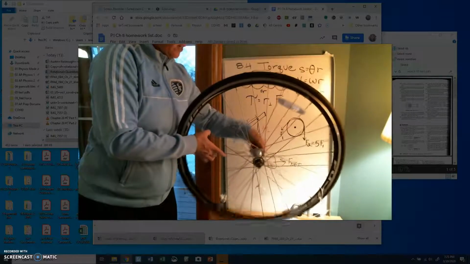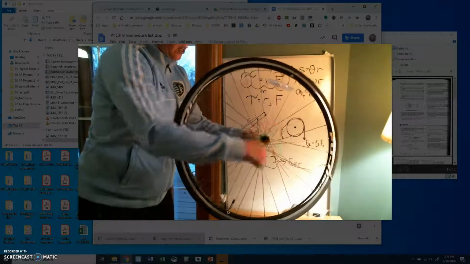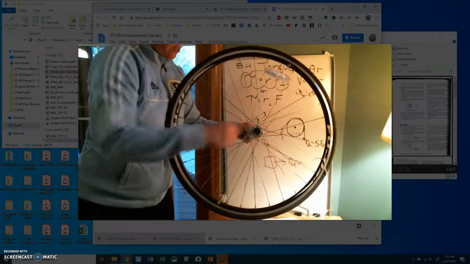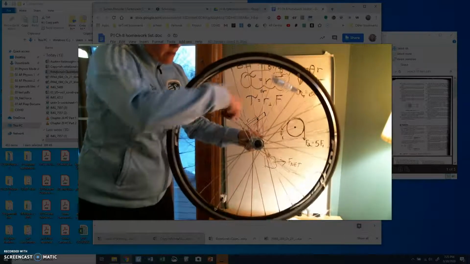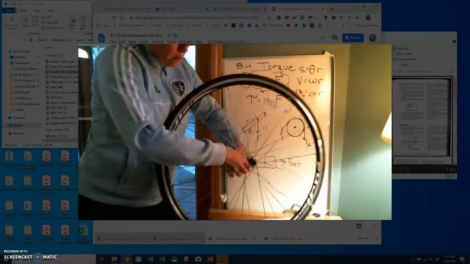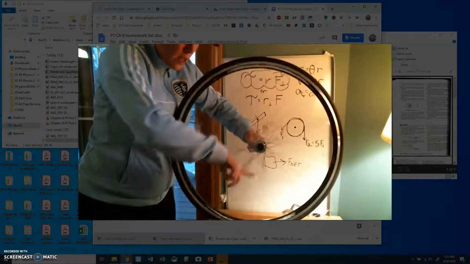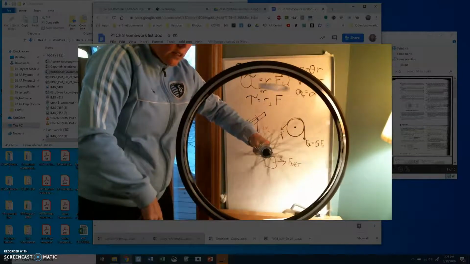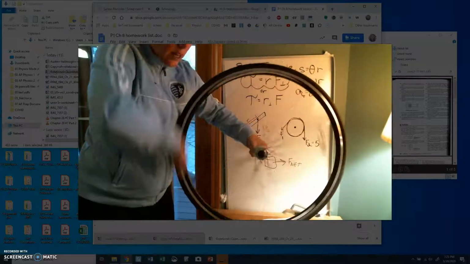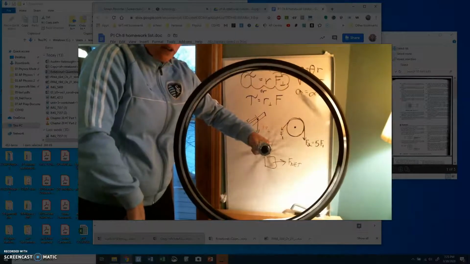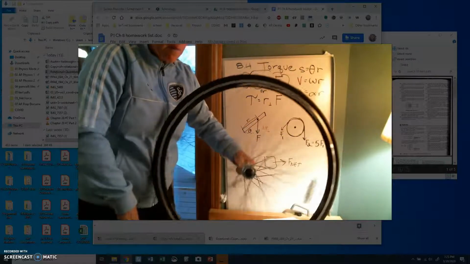But if I want to get angular acceleration, I've got, I don't know why I have all these strings. I think I was going to hang that Lego thing from it, but I don't need to do that. If I apply my force at a smaller radius, I get less torque. If I apply the same force on the outside, I get a greater rotation, okay?